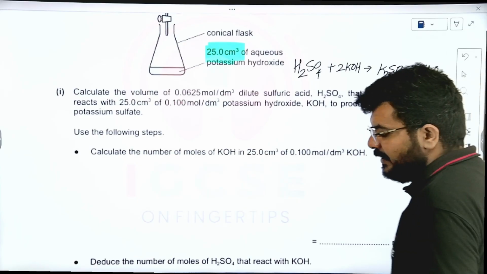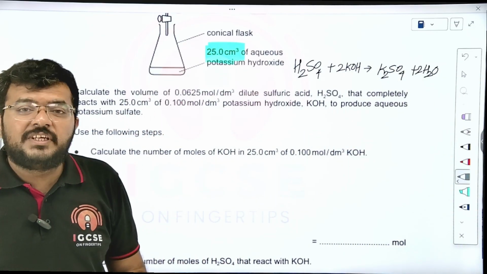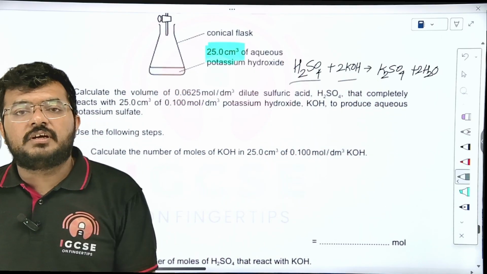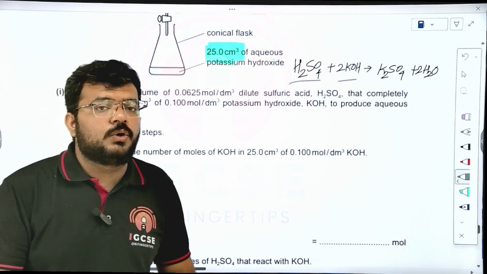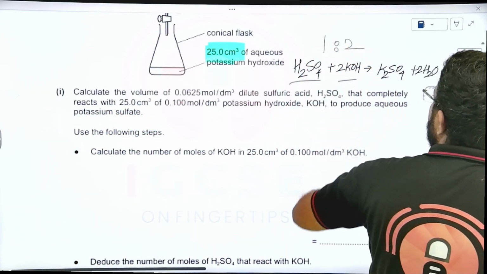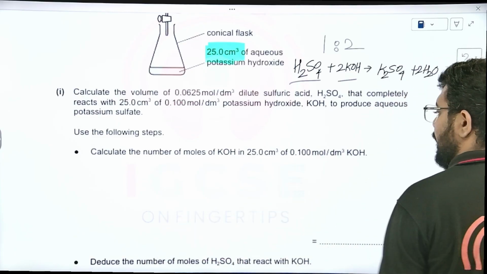Now the logic that we use over here is that using concentration and volume we can find moles, and the reactants are reacting with a particular ratio about moles, right? So it is 1:2. Okay.